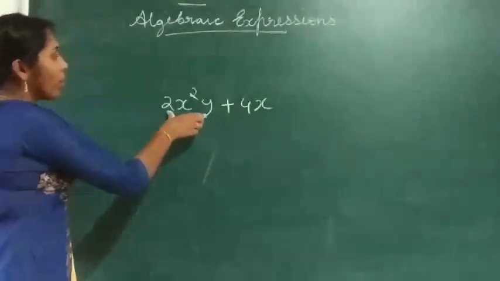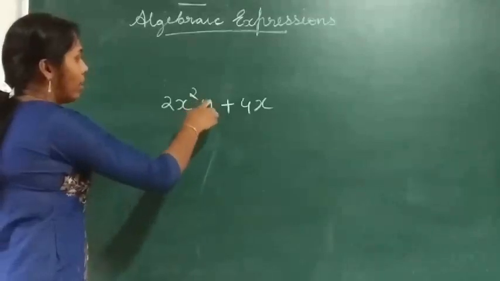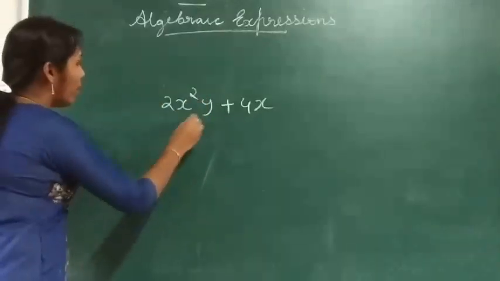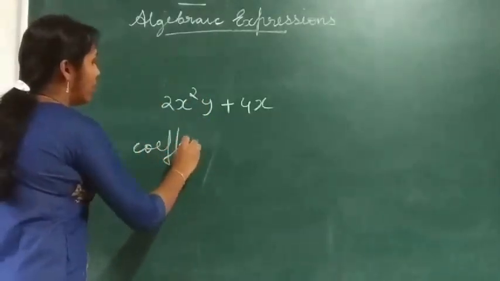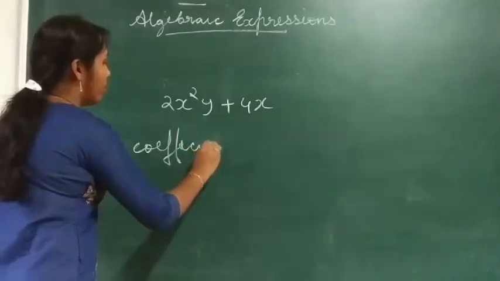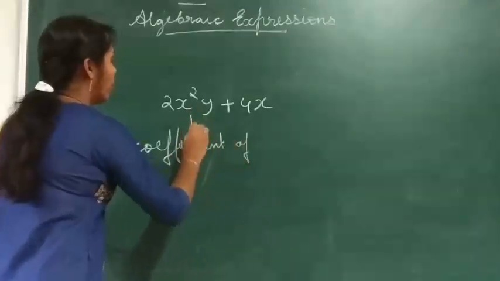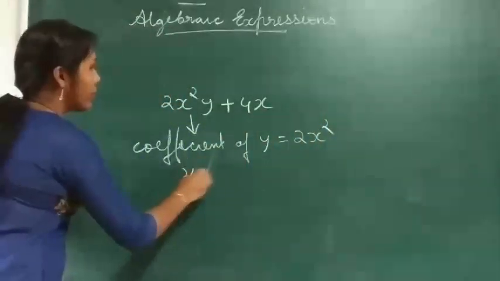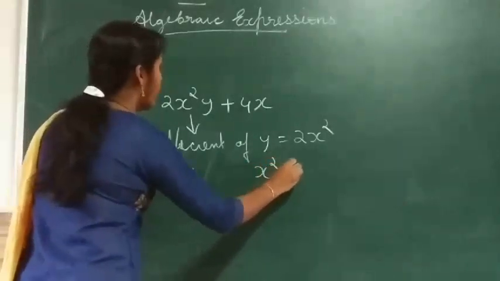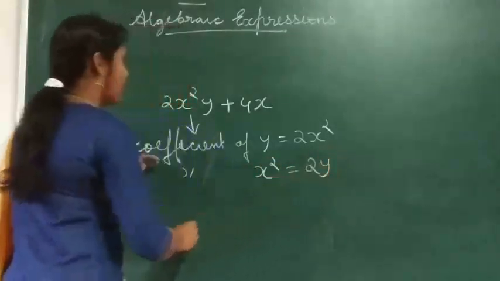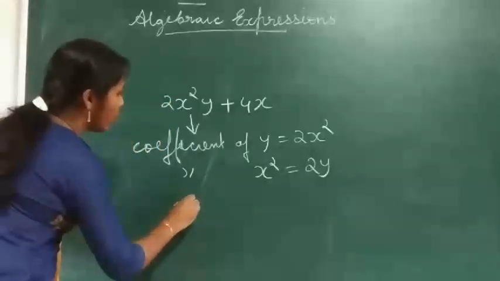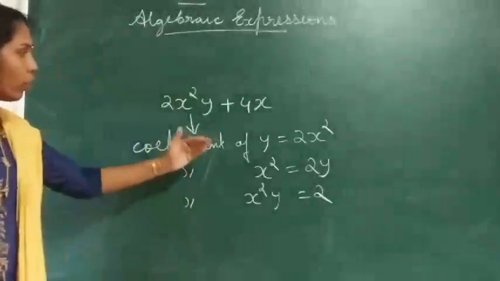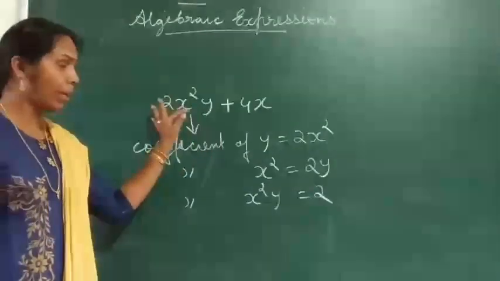In this term, if we want to find out the coefficient of y, the coefficient of y is equal to 2x square. Similarly, coefficient of x square is equal to 2y, etc. Or if you want to find out the coefficient of x square y, it will be 2. So in this way, we can find out the coefficients of a particular factor in a particular term.